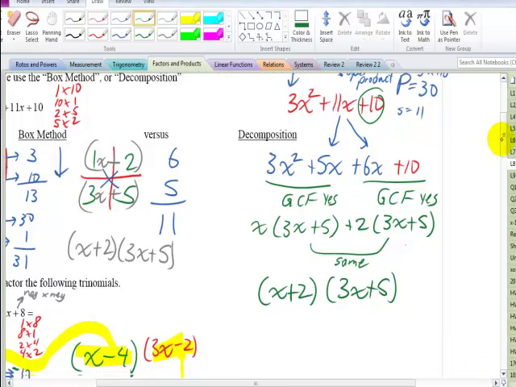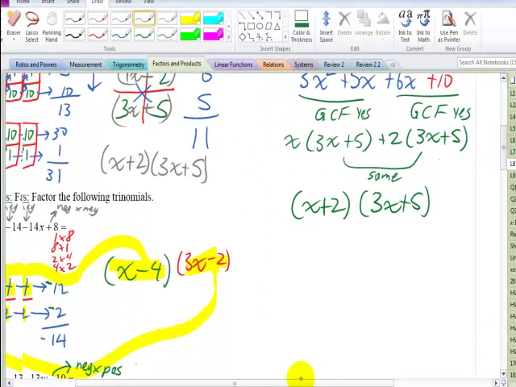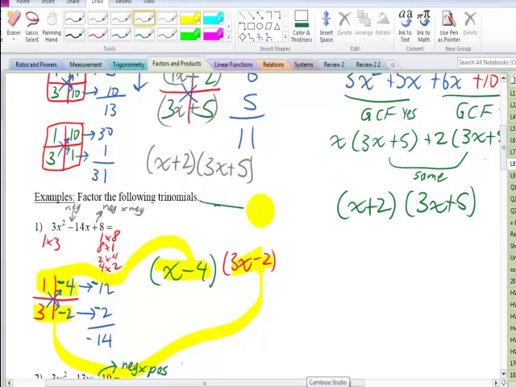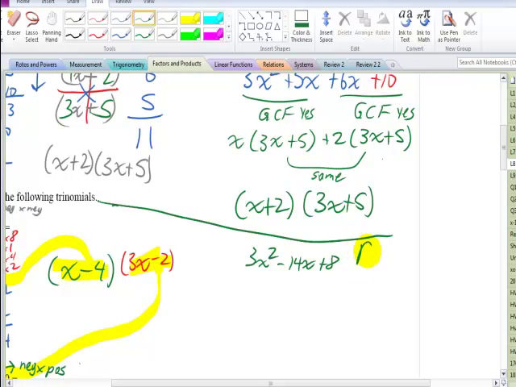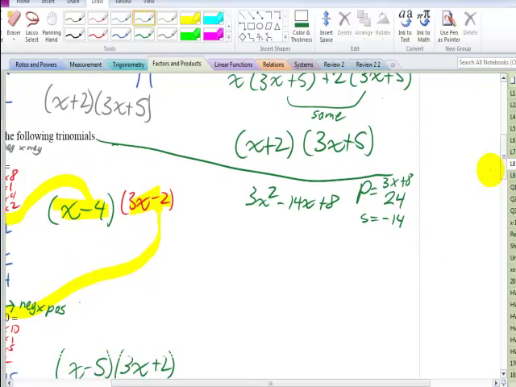Okay, for a quick example. So we have 3x squared minus 14x plus 8. What's the super product? 3 times plus 8, 24. Your sum is negative 14.